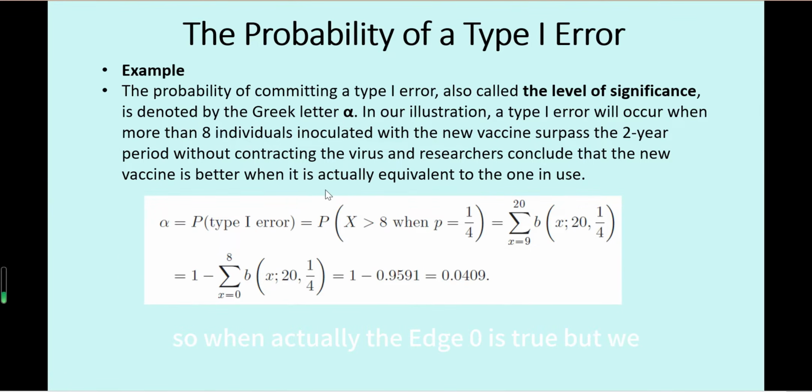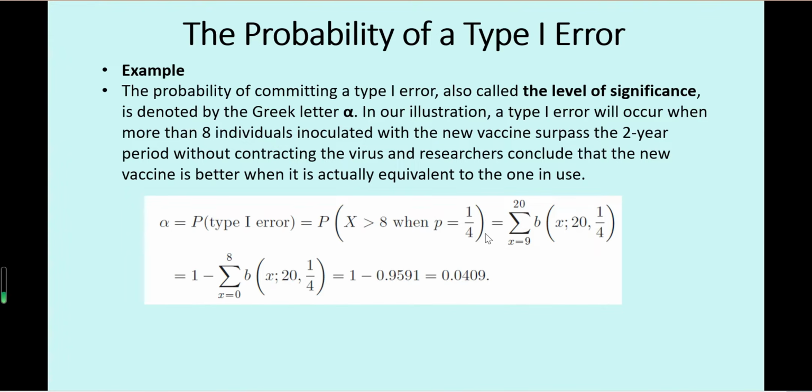So when actually H0 is true, but we reach a conclusion in favor of H1, we will think the new vaccine is better, but actually it is not. If we calculate the alpha level, or the type 1 error, or the level of significance, they are the same thing. We can use the binomial distribution, because for each trial the probability under H0 is 1 of 4, and H0 is true.